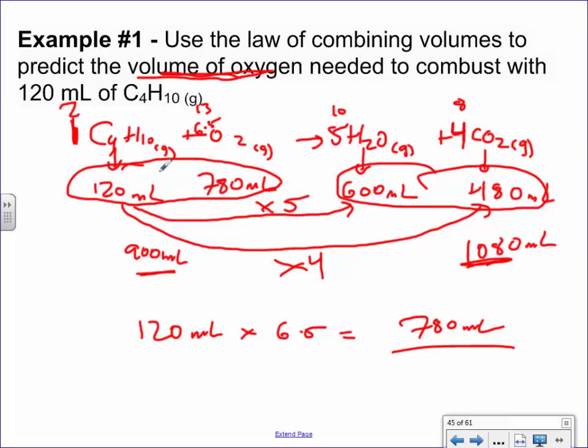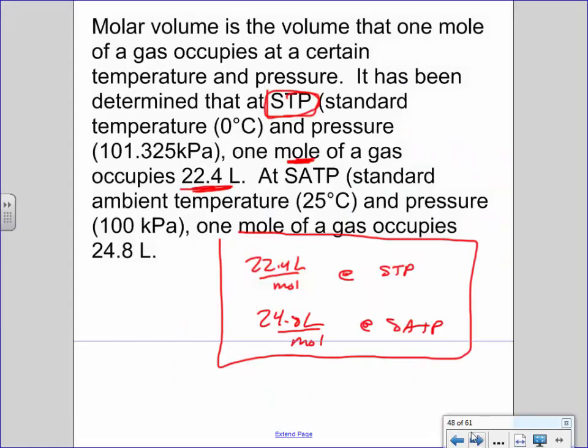That makes sense? 1 mole is 120, so then 5 is 600, and 4 is 480, because the relationship here basically was times by 120 each time. Does that make sense? Well, what Avogadro realized is, why don't we just find what that relationship is at different temperatures and pressures? And that's what we just wrote down on this slide right here. If you have 1 mole, it's 22 liters. If you have 1 mole here, it's 24 liters. All you have to do is know the temperature and pressure.